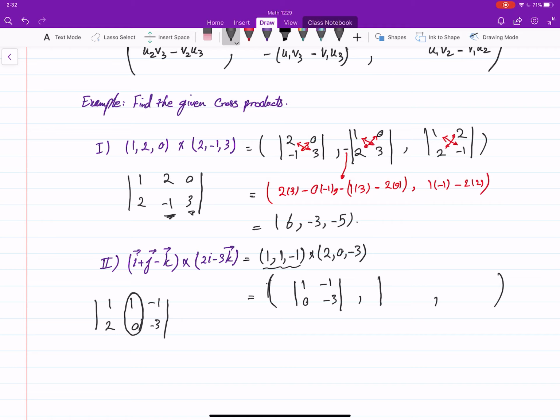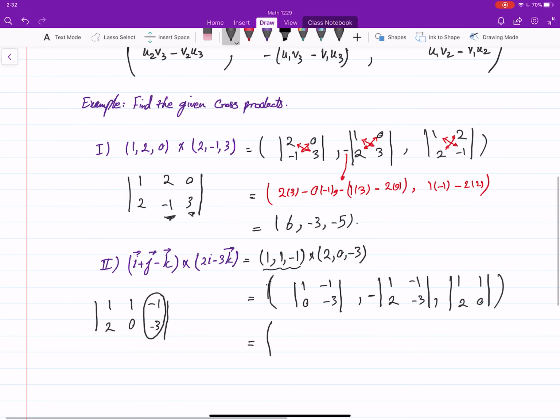The remaining is 1, negative 1, 2, negative 3. Multiply everything by a negative sign. And for the third one, you forget the third column and then put the rest there: 1, 1, 2, 0.